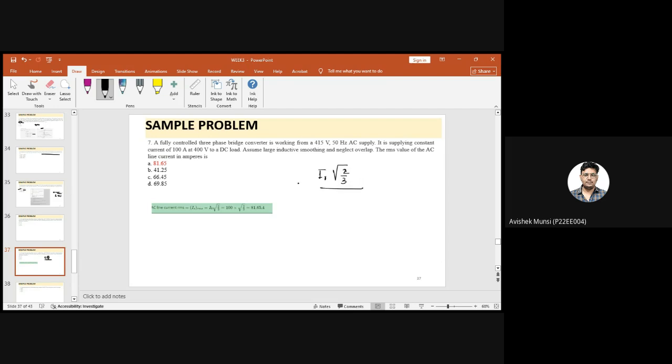The 100 is given, so it is 100 root over 2 by 3, and so it will be 81.65.